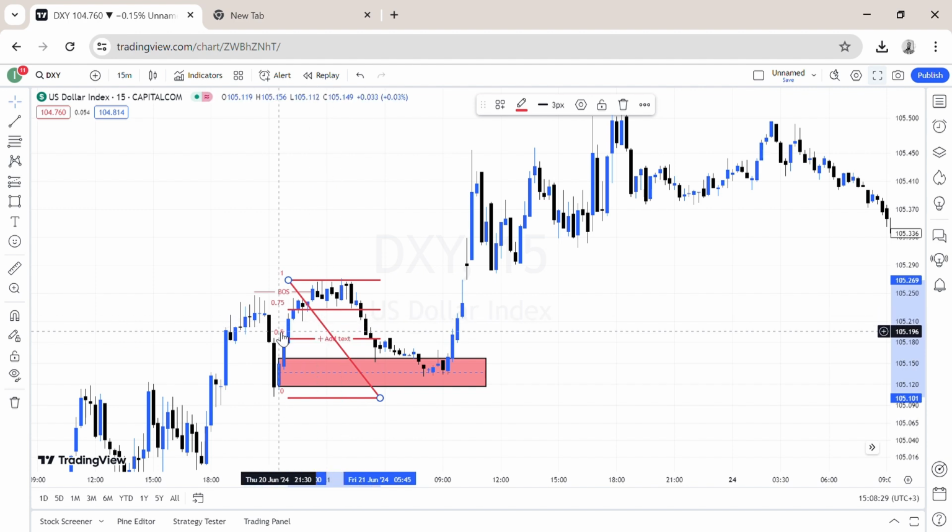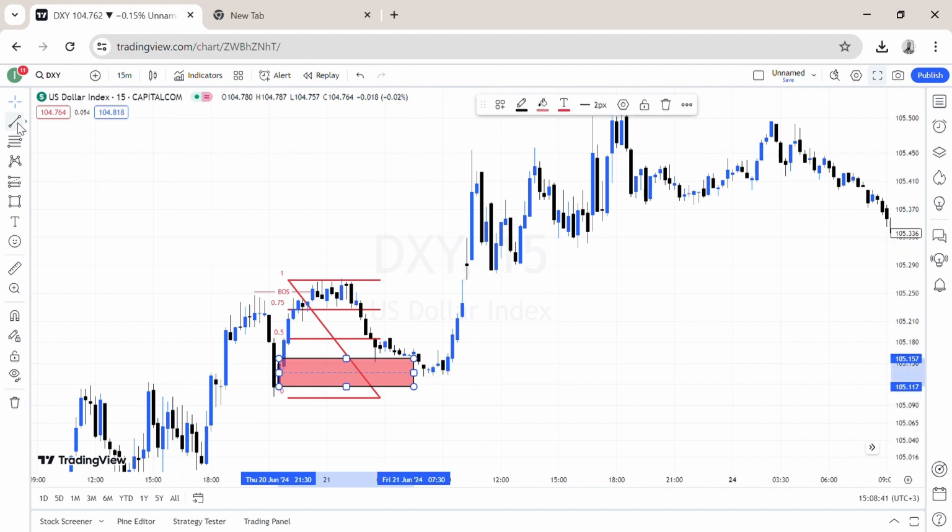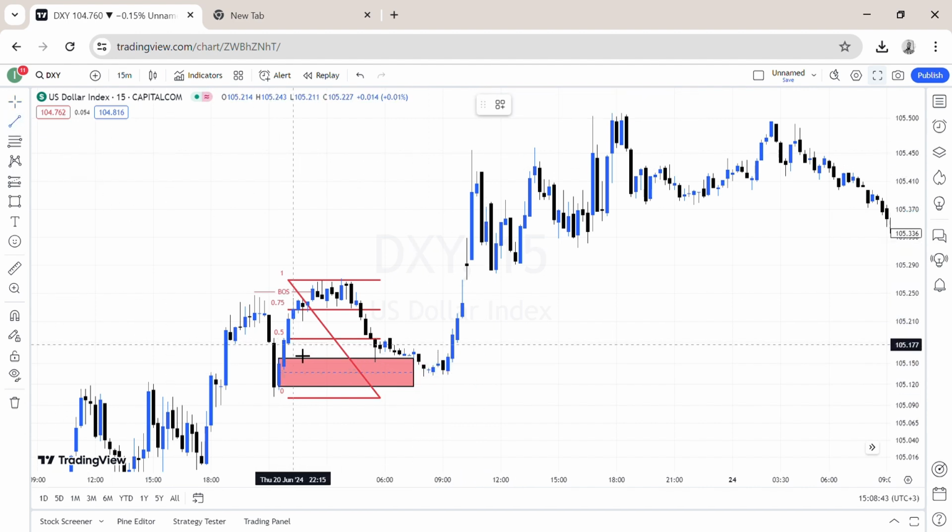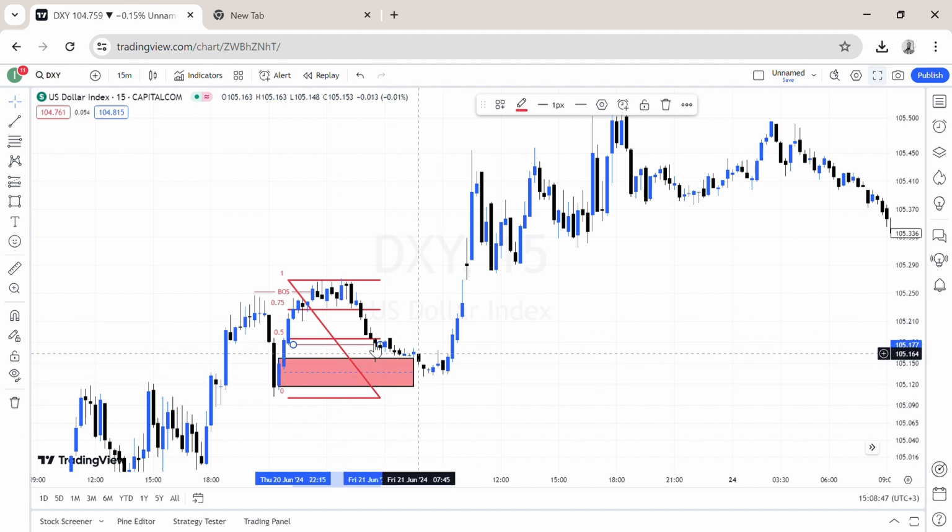Anything that was below the premium, at the discount, was this fair value gap and this order block, and that is why the price came back to the discount before proceeding higher.